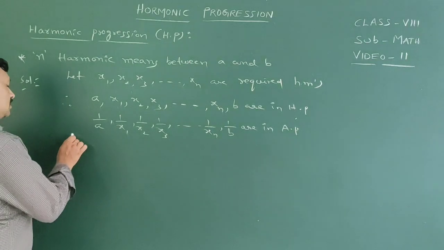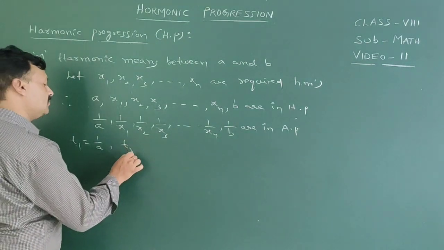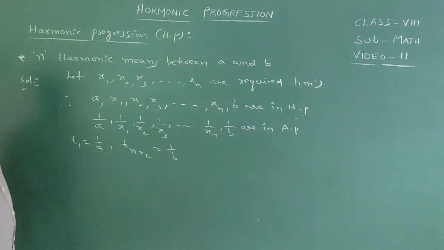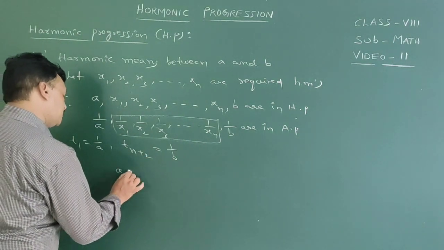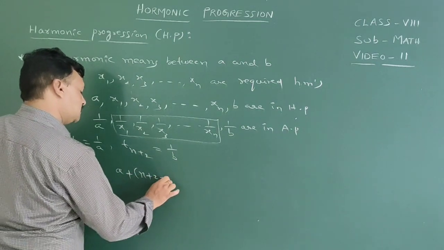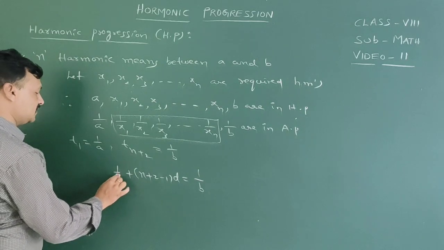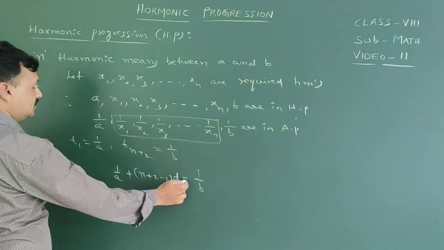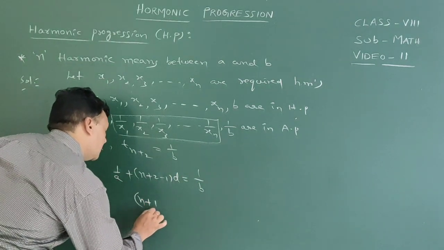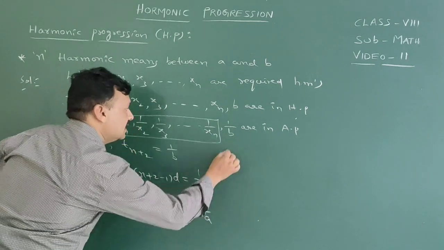That's why the first term T1 equals 1 by A, and the last term Tn plus 2 is 1 by B, because we inserted n arithmetic means between the two quantities 1 by A and 1 by B. That's why the total number of terms is n plus 2, and the last term Tn plus 2 is 1 by B. Now Tn plus 2 means the first term plus n plus 2 minus 1 into d equals 1 by B. The first term is 1 by A, so 1 by A plus n plus 2 minus 1 into d equals 1 by B. Now n plus 1 into d equals 1 by B minus 1 by A.